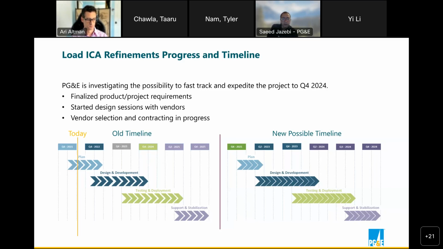We started to collaborate with the same vendor. We are looking at ways to fast track and make sure that we can expedite the delivery of the final product to Q4 2024. We believe that this will help us to use the data to improve the customer experience through the earliest stage of the PG&E interconnection process. Next slide, please.